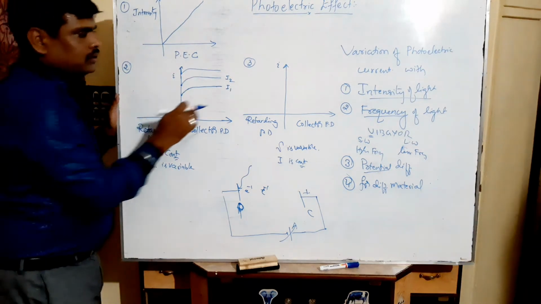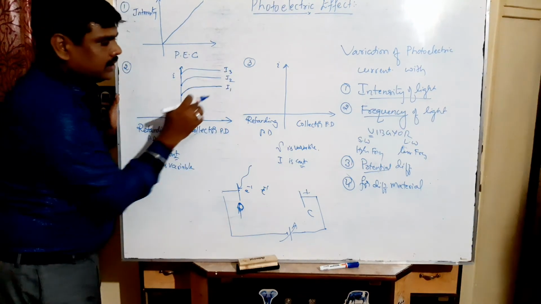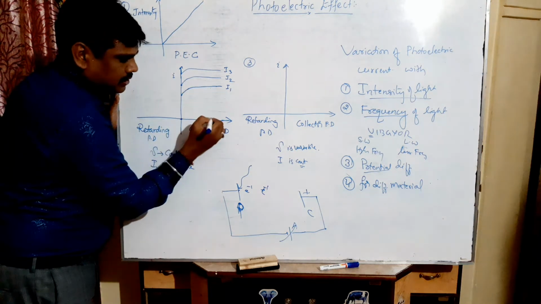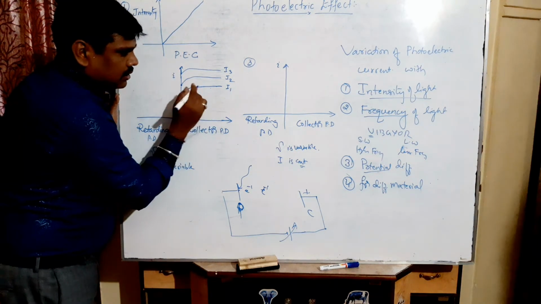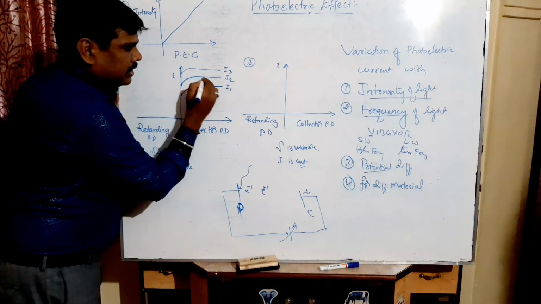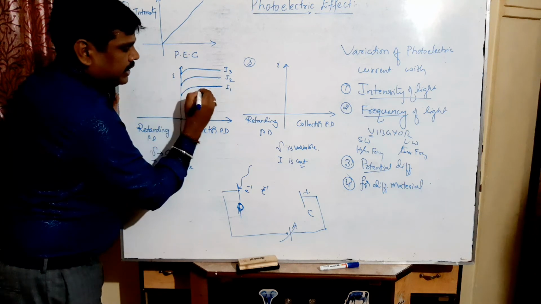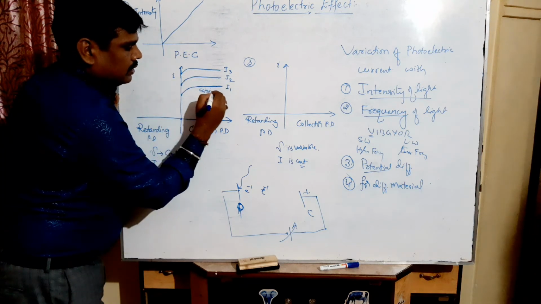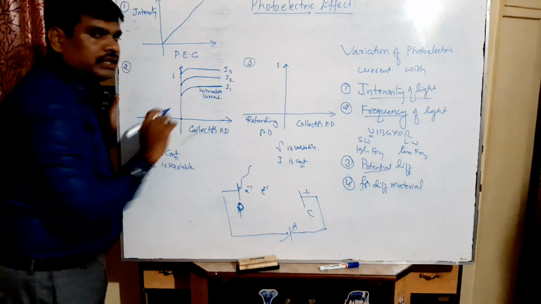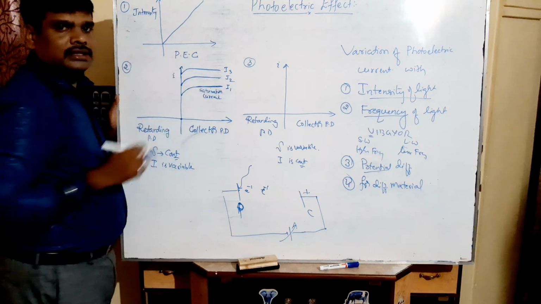Clear now? If the intensity of light increases, the saturation current increases. This is the saturation current region. From here to here it is saturated. This is the saturation current for I1, this is for I2, and this is for I3. Saturation means constant.